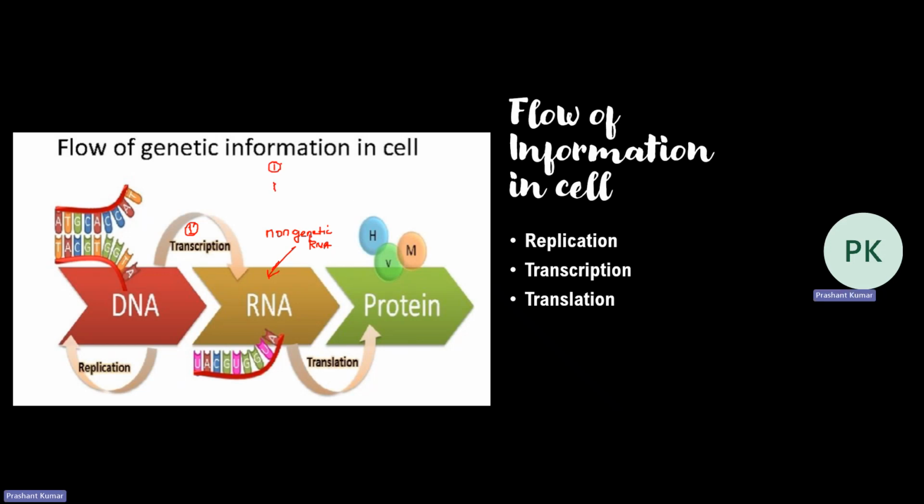Number one, we have mRNA, called messenger RNA. Number two, we have tRNA, transfer RNA, and number three, we have rRNA, called ribosomal RNA molecule. And all these three things will help to get protein in the cell by the process of translation.